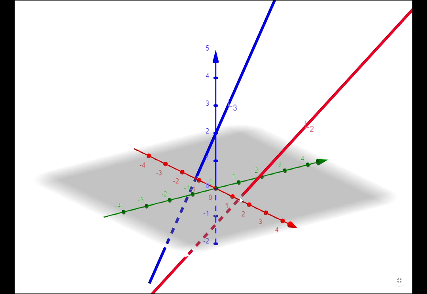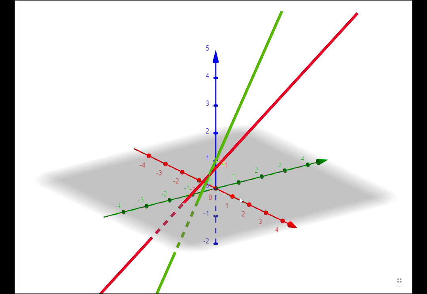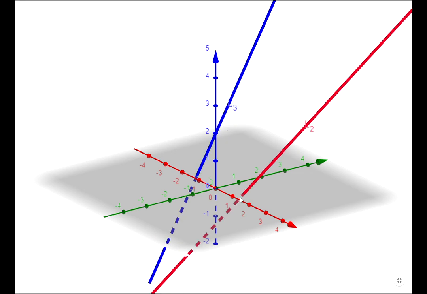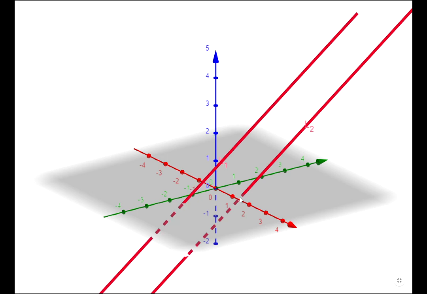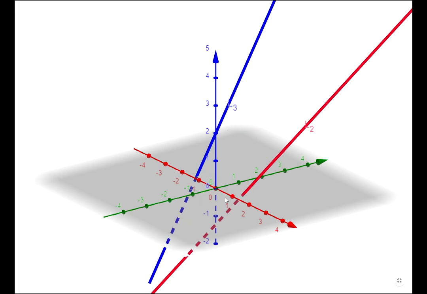Here L2 and L3 have different direction vectors, and they don't intersect. Here L1 and L4, the green lines, are intersecting. Here, parallel; intersecting right there; and here are the skew ones.